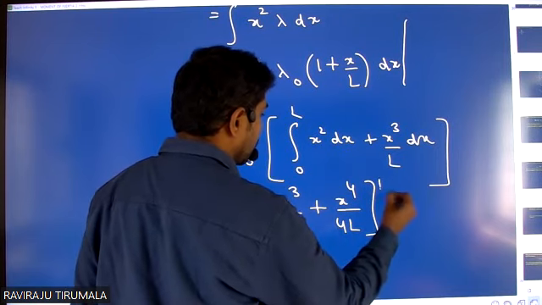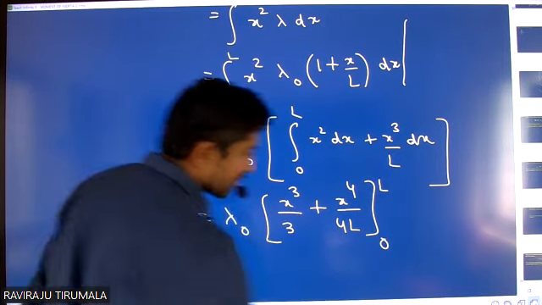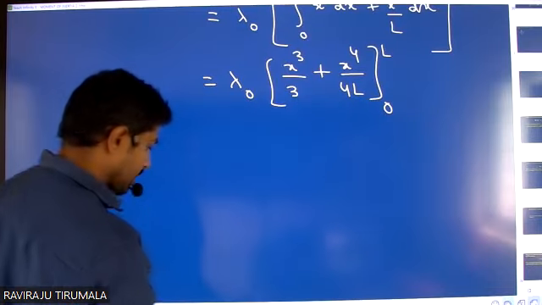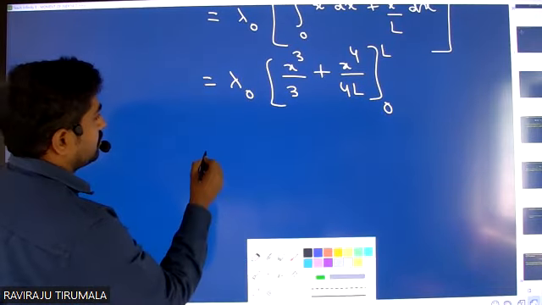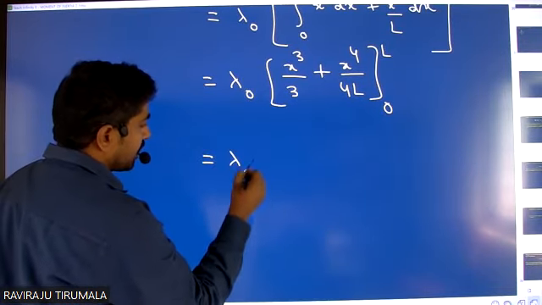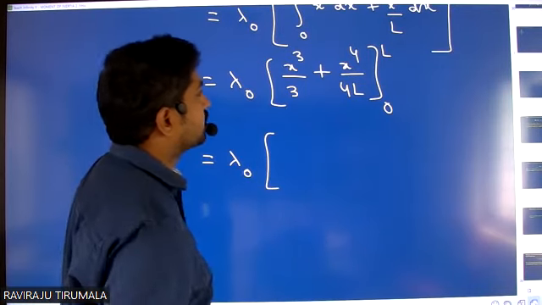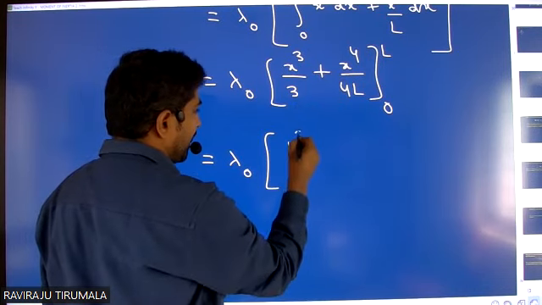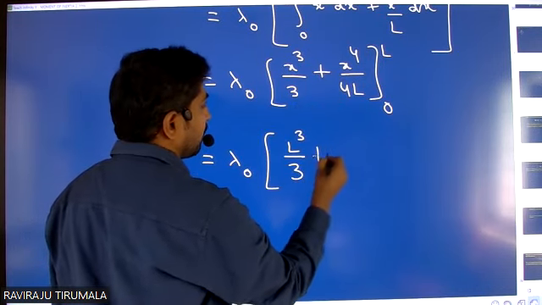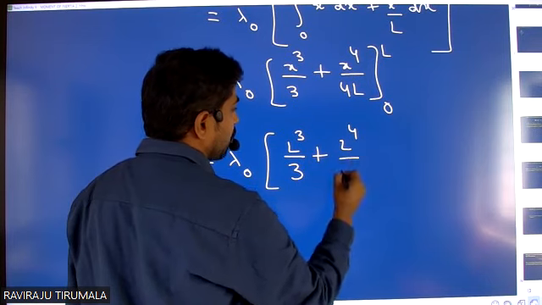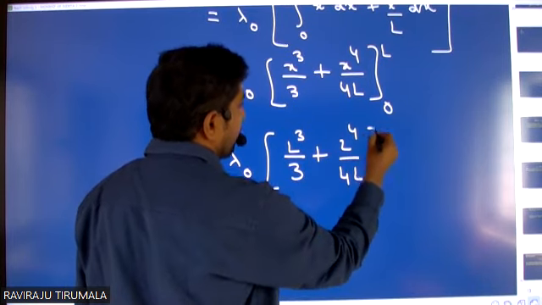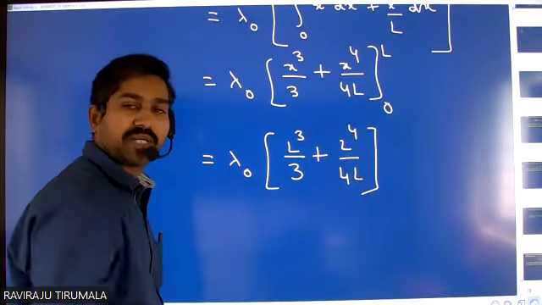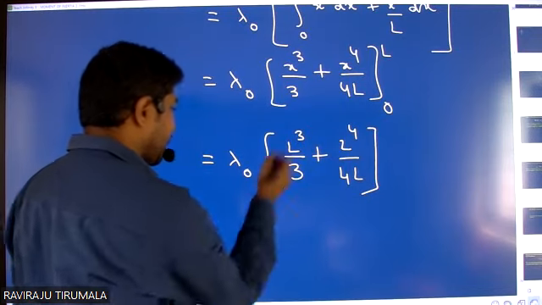Limits are from 0 to L. Now you can easily calculate the integration value. By substituting the upper limit, it will be L cube by 3 plus L power 4 by 4L. And by substituting the lower limit, both will become 0, so I am directly writing this.